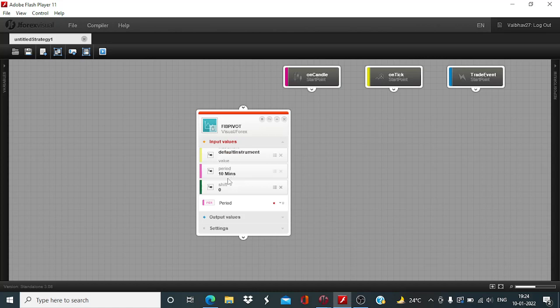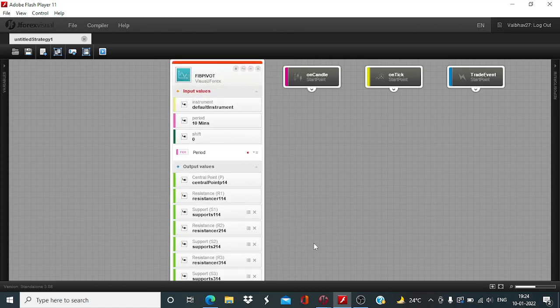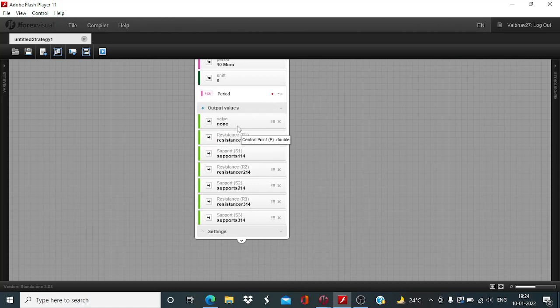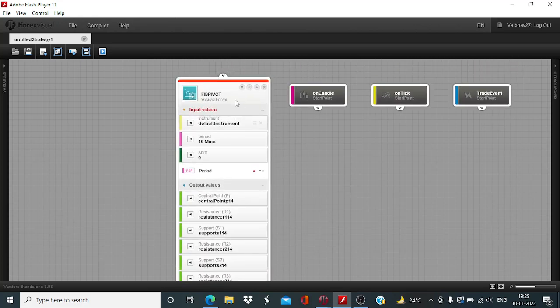We have to define these four input parameters, depending on which we will be getting these output values. The central pivot point plays a key role while determining the sentiments of the underlying instrument, and along with that these resistance and support levels can also provide us the opportunities for the entry points.